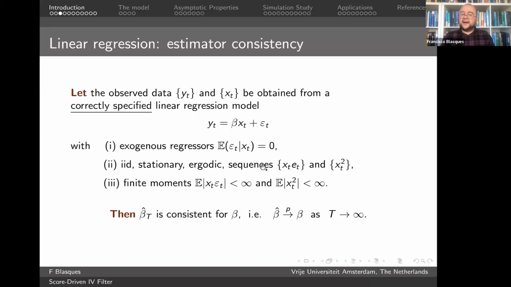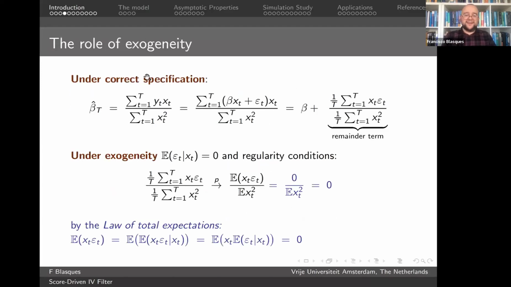And the argument, just as a quick recap, is that we can take the formula. If the model is correctly specified, I can substitute y_t for beta x_t plus epsilon_t, because that's what y is equal to. And of course, I can rewrite this as beta plus a remainder term. Now we can argue that this remainder term vanishes, applying a law of large numbers to the average in the numerator and the average in the denominator, if we can argue that the expected value of x_t times epsilon_t is zero.